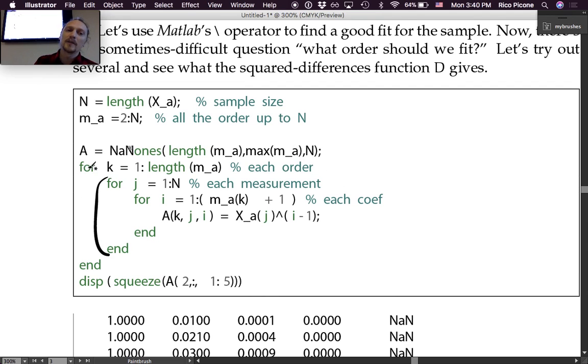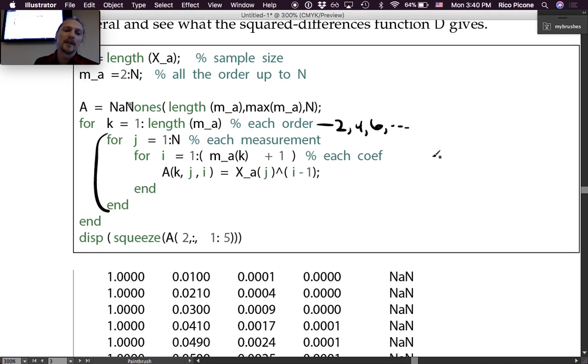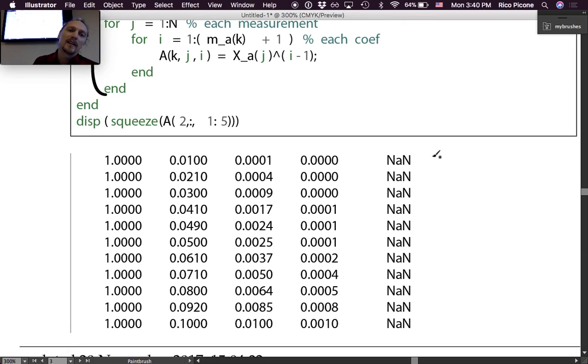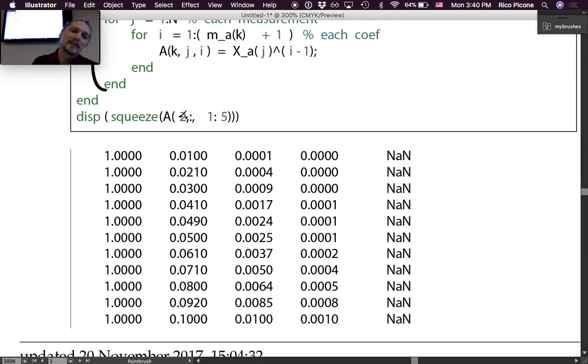The outermost loop is doing it for each order: fitting it to a second order system, a fourth order system, a sixth order system, etc. I go through, I compute it, and I print out the first 5 columns for the second one, and we see what they look like.